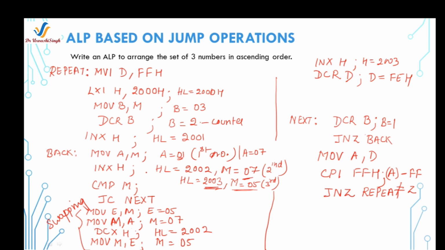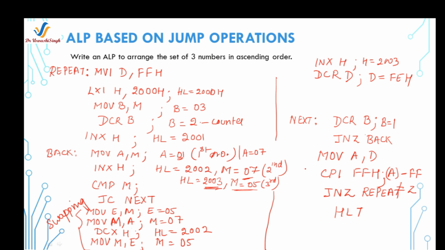And at some point when all the swapping is done, this jump if carry instruction makes the program jump over here, and the value of the register B will be 0, and it will come out of the program. So this is the program where you arrange the 3 numbers in ascending order.